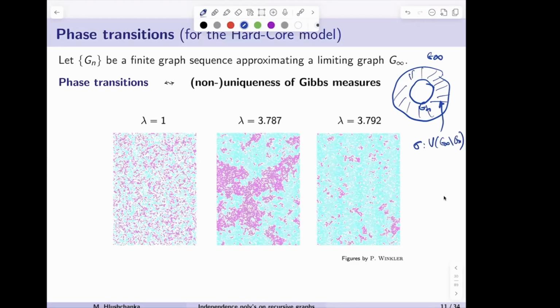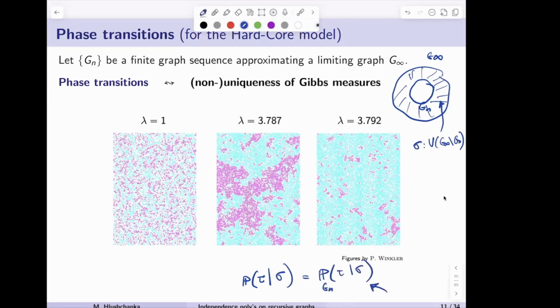Gn. And then basically we're looking at probability distributions on the spin assignments that satisfy the following condition. The probability of an assignment tau conditioned on sigma should be the same as the probability when I restrict to this finite portion.